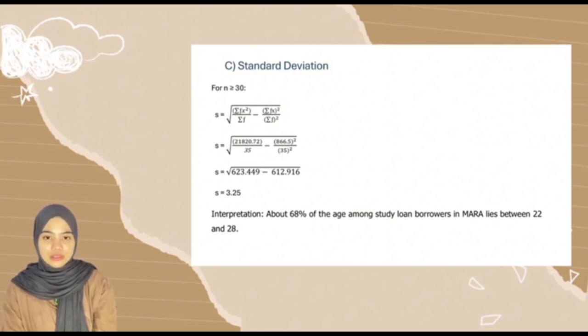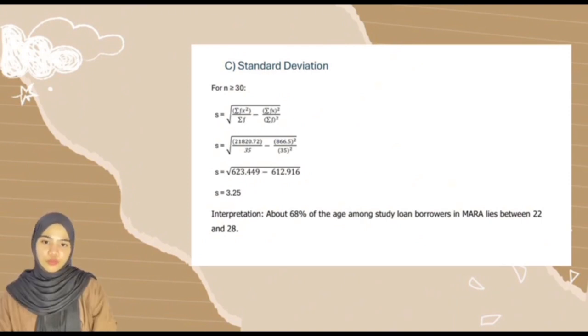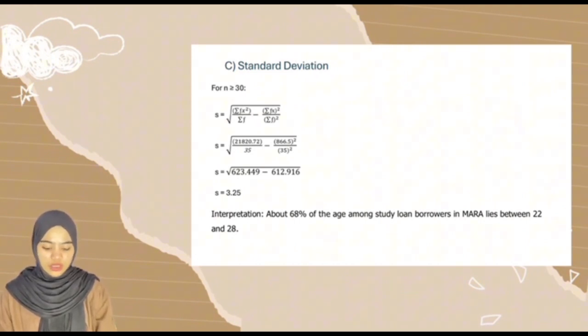And then s is equal to the square root of 623.449 minus 612.916. And then we will get the standard deviation as 3.25. The application of the standard deviation is that about 68% of the ages among study loan borrowers at MARA lie between 22 and 28.